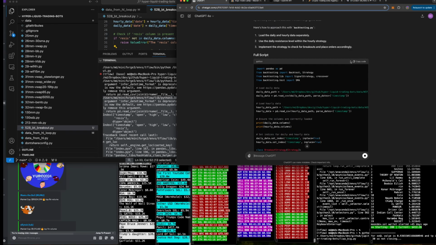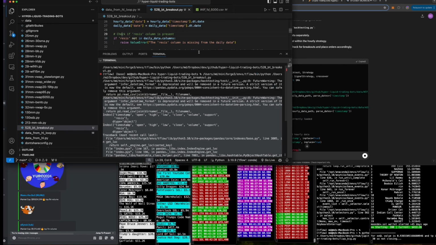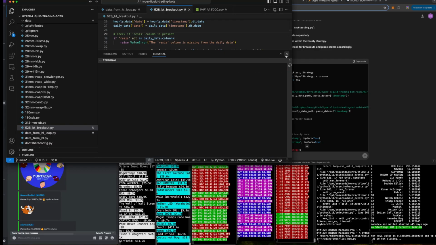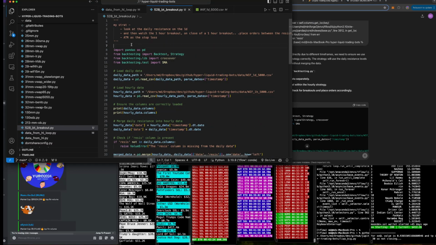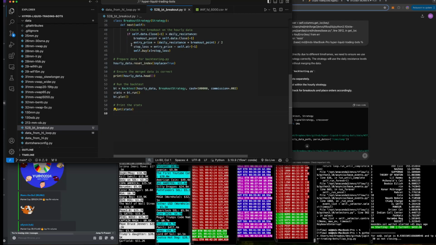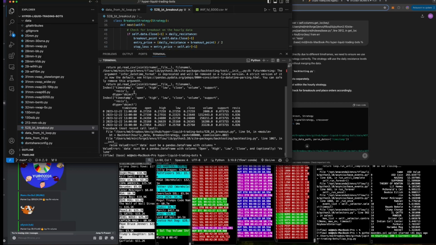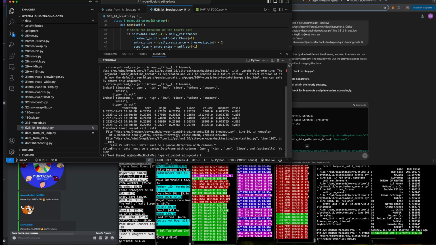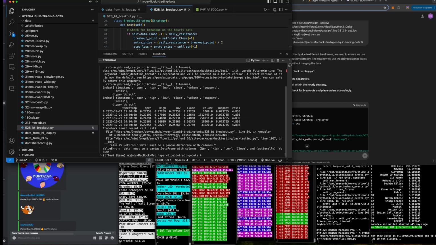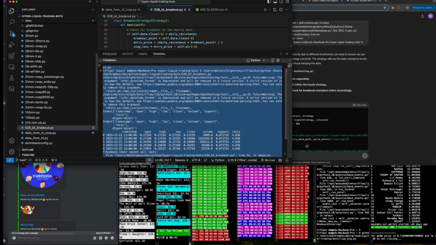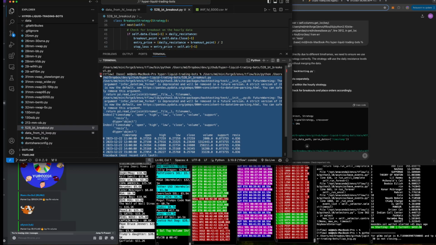There it is. Okay, great. So it looks like we got a little bit further. Open, high, low, close. Resistance, pandas data frame. It's open, high, low, close, volume. Data must be pandas with open, high, low, close, volume. Okay, so it got closer here.